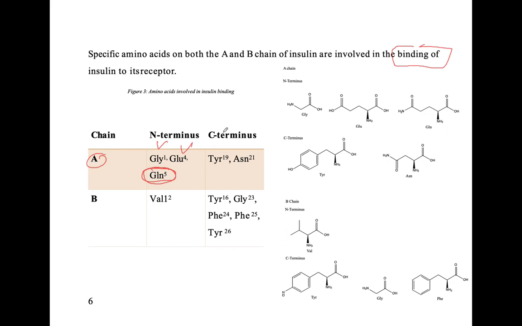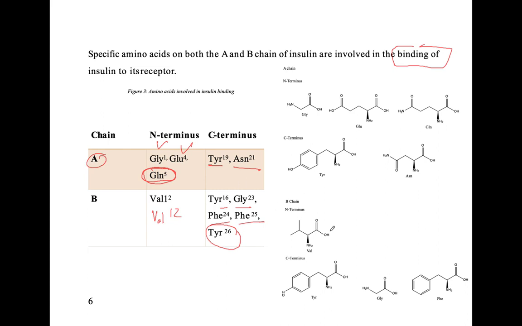On the C terminus, you have tyrosine and asparagine. On the B chain, on the N terminus, you have valine 12, then tyrosine 16, glycine 23, phenylalanine, and tyrosine 26. Now I've drawn these amino acids here so that you can get familiar with the structure of the amino acids that are involved in the binding.